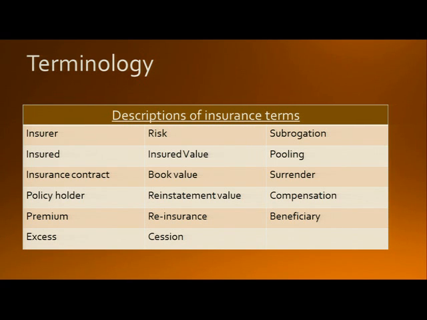The next word is pooling. It's a combination of several small groups into one large group of insurance for insurance purposes, such as obtaining lower premiums or more group benefits. You yourself, or you and your neighbor, or you and several members of your community may want to say, we have a lot of assets.